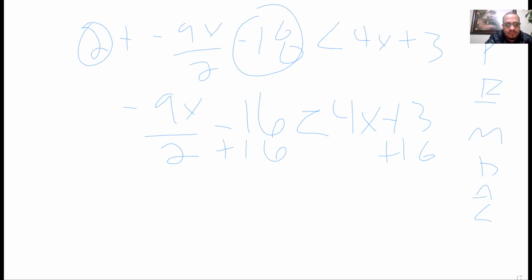Now we're left with negative 9/2 x is less than 4x plus 3, which is, right here, 19. 3 plus 16 is 19, so we're going to be left with 4x plus 19. Now we're almost there, right?